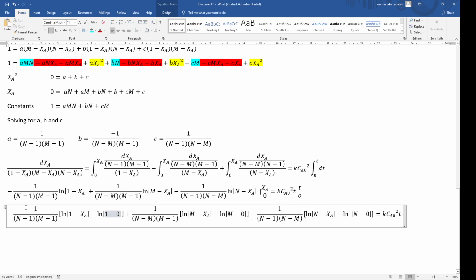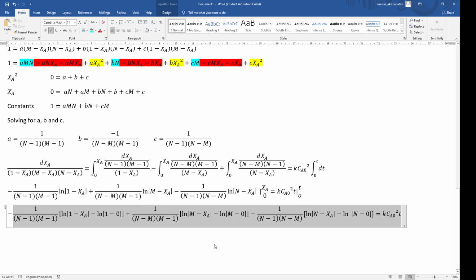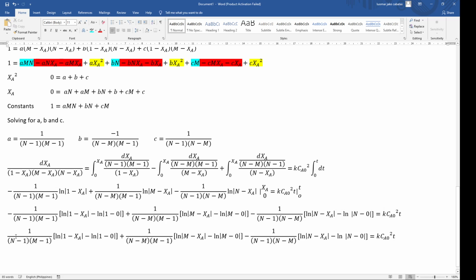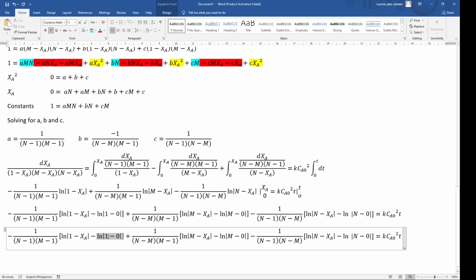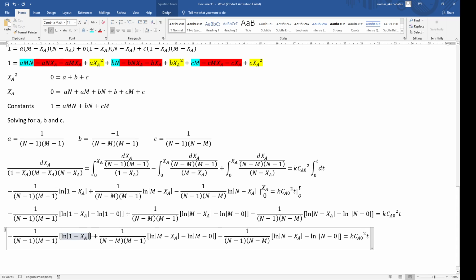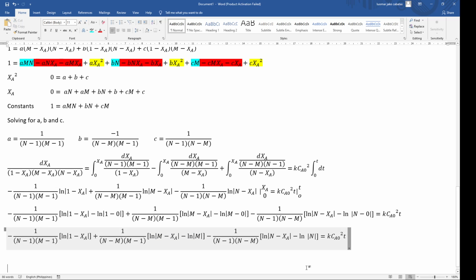As you all know, ln of 1 minus 0 is ln of 1 and ln of 1 is 0, so we can cancel that one out, and then ln of m is just ln 0 there.